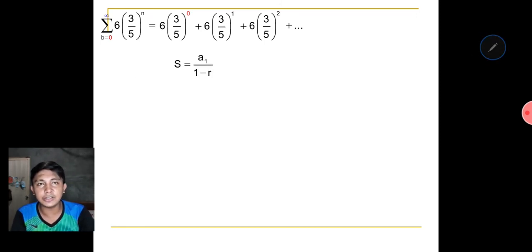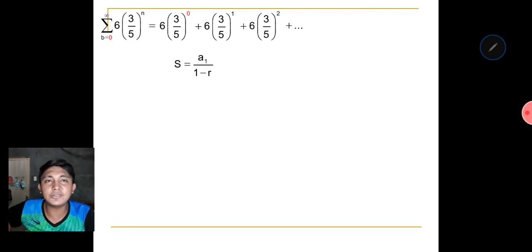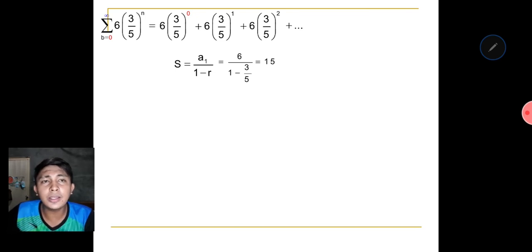So, since infinite, okay, we use the formula a sub 1 over 1 minus r. So, ang ratio natin is 3/5. So, first term is 6. So, the sum of 6 times 3/5 raised to n, where n is equal to 0 up to infinite, is 15.